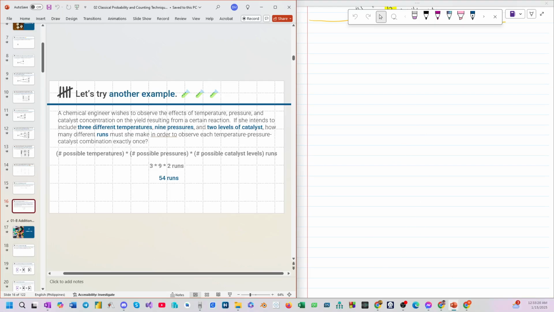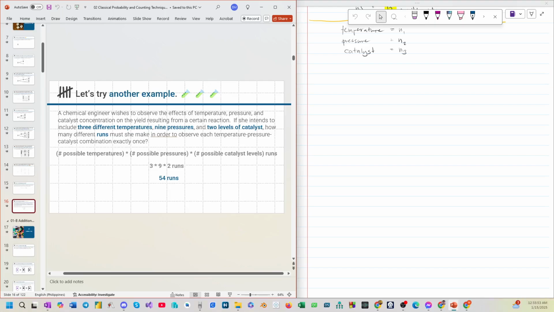Now, to provide a solution, we have temperature, pressure, correct? And we have catalyst. We can say that these are N1, N2, and N3.